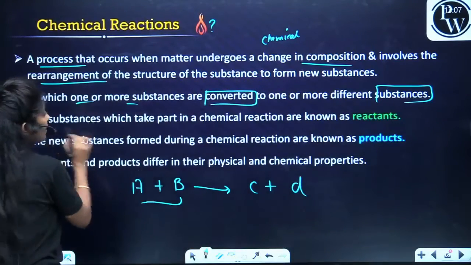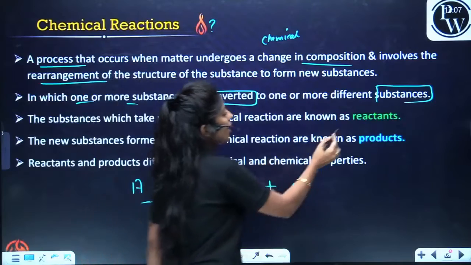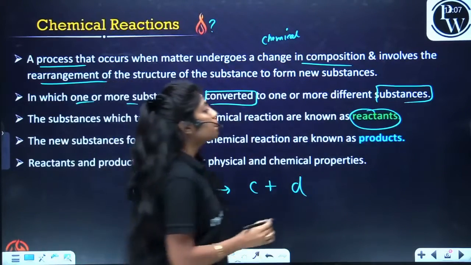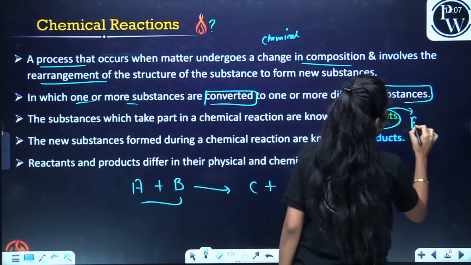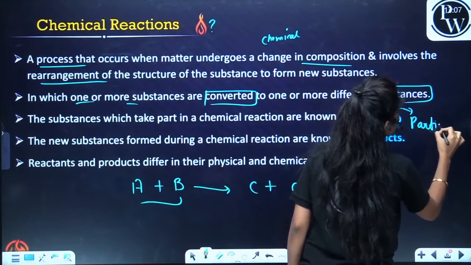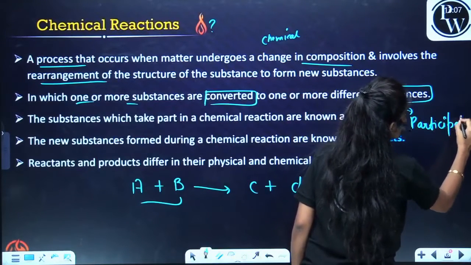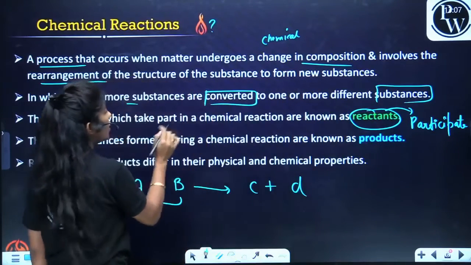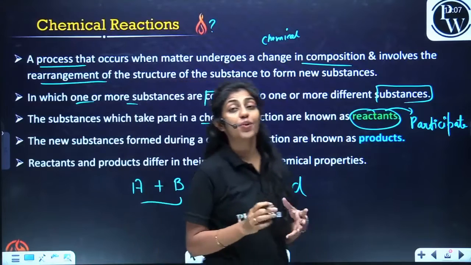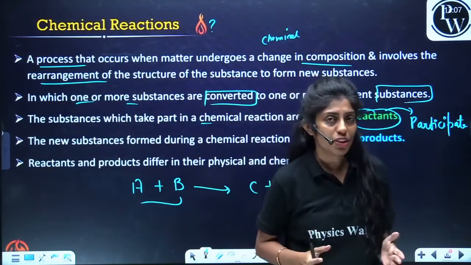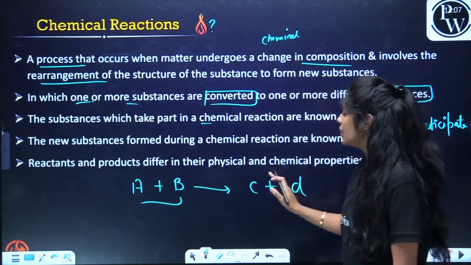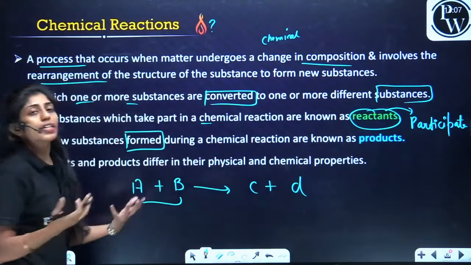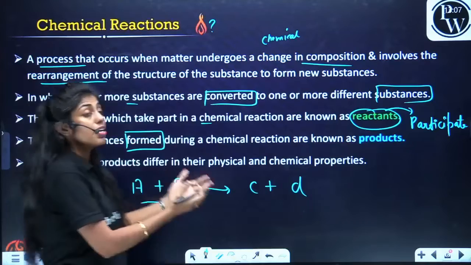Now, in this reaction, you will see reactants. Reactants are the species which participate. So the species which take part in a chemical reaction are known as reactants. What about the products? Products are formed, they are produced during a chemical reaction as a result.